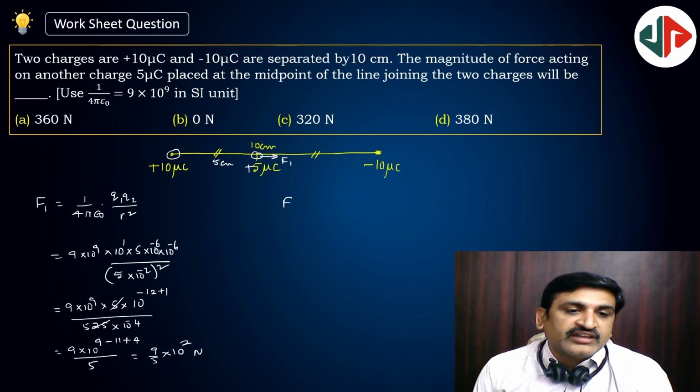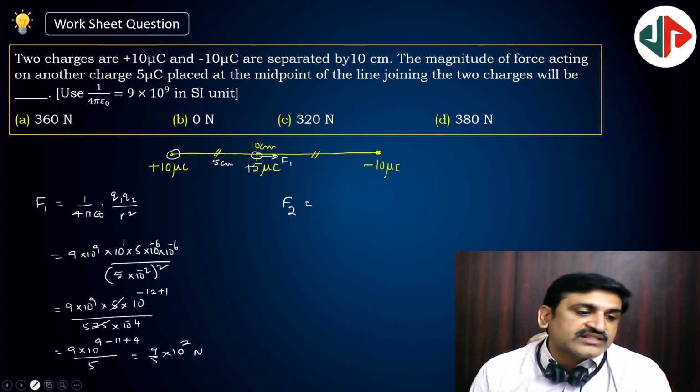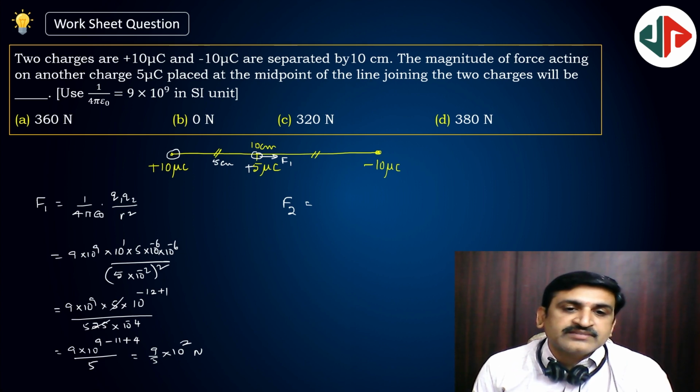Next, F2. This is a negative charge, this is a positive charge, so the positive charge is getting attracted by the negative charge. Because of this charge, it will experience a force in this direction only, another F. So F2 equals 1 by 4 pi epsilon naught Q1 Q2 by R square.